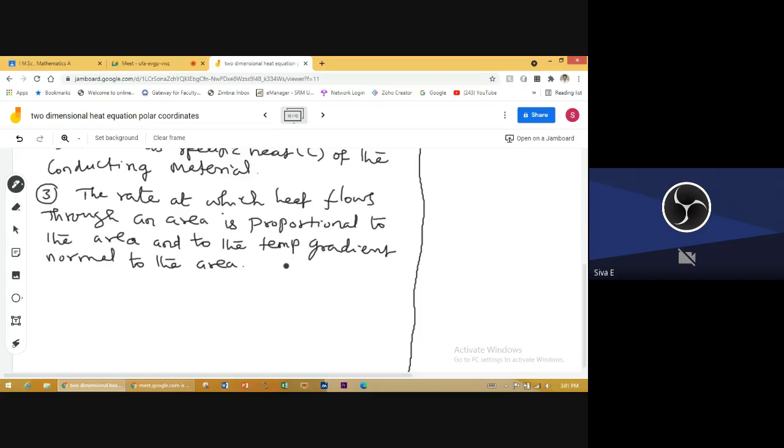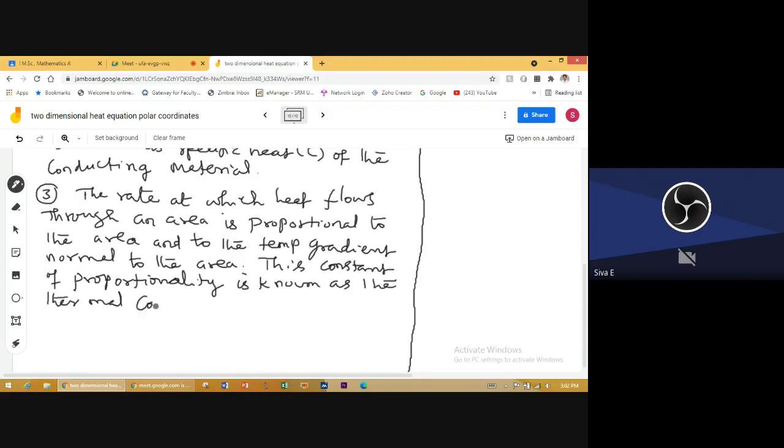This constant of proportionality is known as the thermal conductivity.